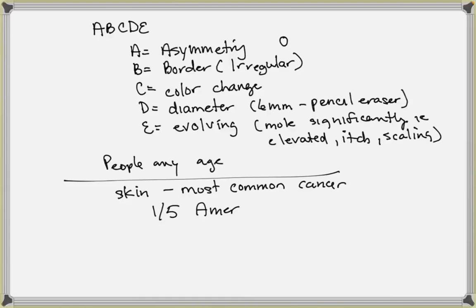And so that's why it's so important to be able to identify these, right? And you can also see it in children. It's not just an adult disease. In children and adolescents, it's a small percentage of new cases, but there are about 300 cases a year for children under the age of 20 for melanoma, right?